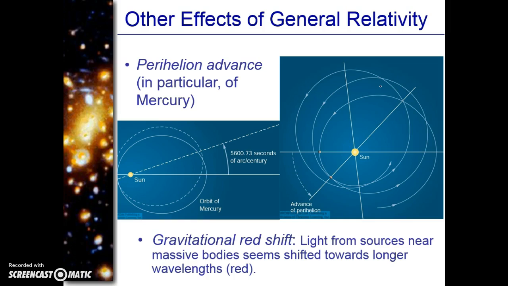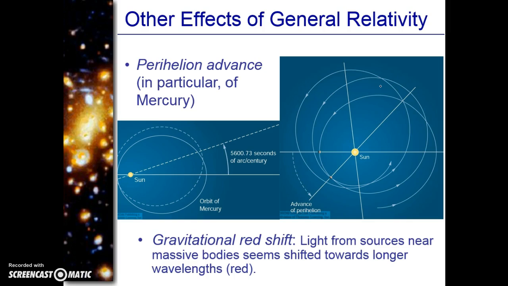Kepler noticed this and found out that it was 43.11 seconds of arc per century faster than what was predicted by Newton's laws. Okay, and it's produced by the gravitational pull of Venus, Earth, and all the other planets. Each time Mercury returns to perihelion, which is its closest point to the sun, it's approximately 18 miles past the position predicted by Newton.